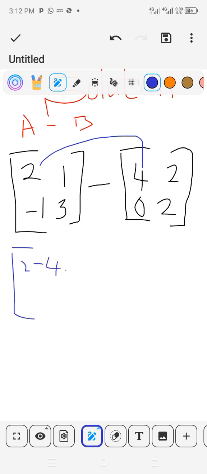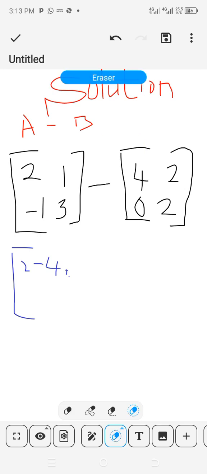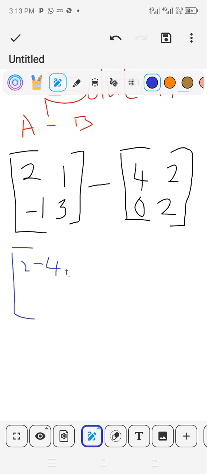Remember, you can put your brackets so that the work is a little bit neater and gives you space. 2 minus 4. Then you take the next number and subtract the next number of the other matrix. The next number here is 1. We'll subtract 2 from it. So that is 1 minus 2.